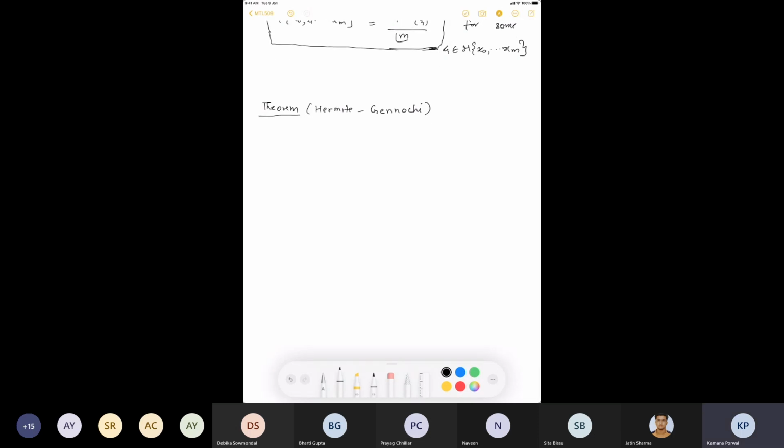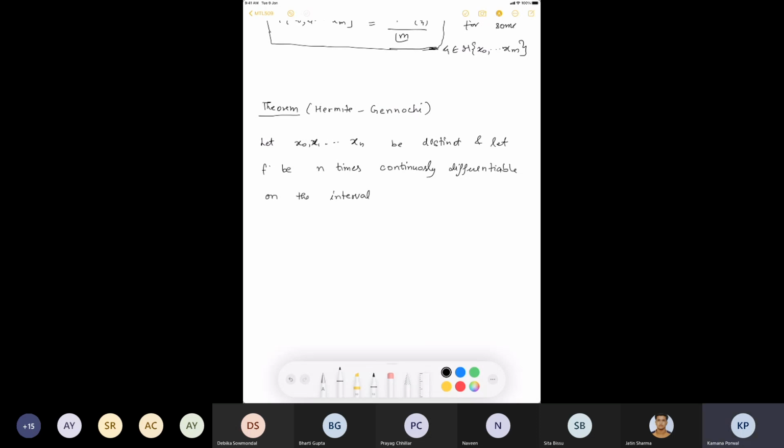What this theorem says is that suppose I have n plus 1 nodes, x0, x1 up to xn, which are distinct, and let the function f be n times continuously differentiable on the interval.